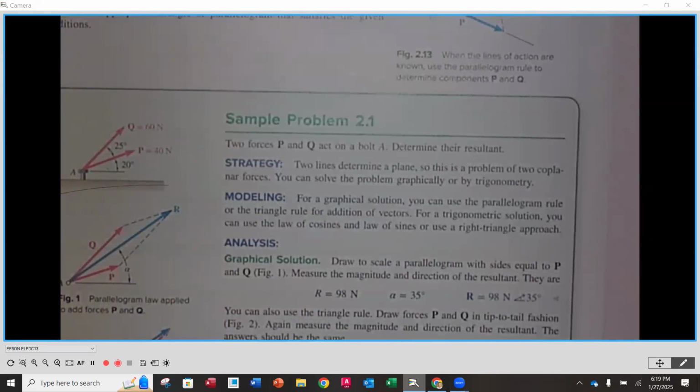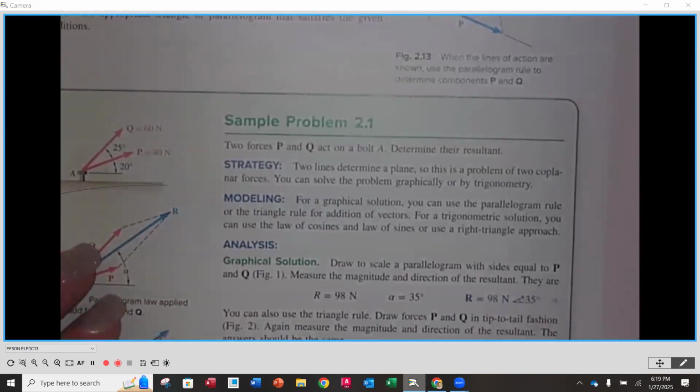So we're going to actually do it. They're doing it three ways: the parallelogram rule, or parallelogram method, the triangle method, and we're going to use the cosine law to figure it out mathematically in the end. So let's do all three because we'll follow along with this example. I'm going to put this over here.